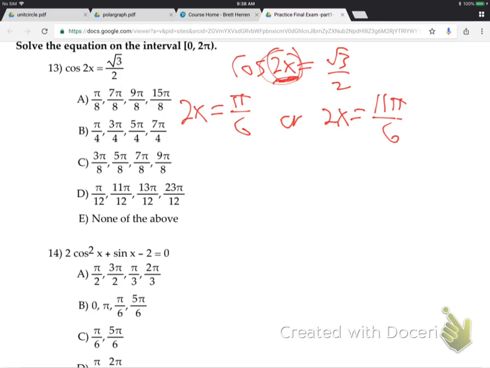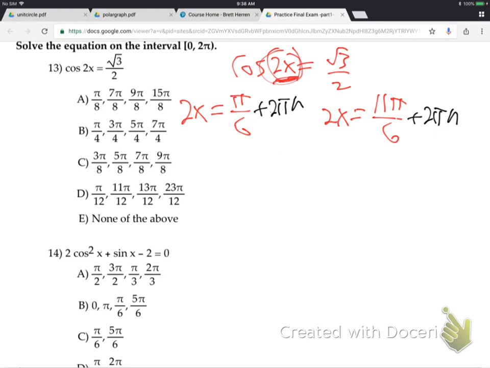But remember when you have a 2x, what you have to do? You have to add plus 2n pi. Oh, yeah. Plus 2n pi, or 2 pi n, or however you want. 2 pi n is whatever, same thing. Remember that painful process? 2 pi n.